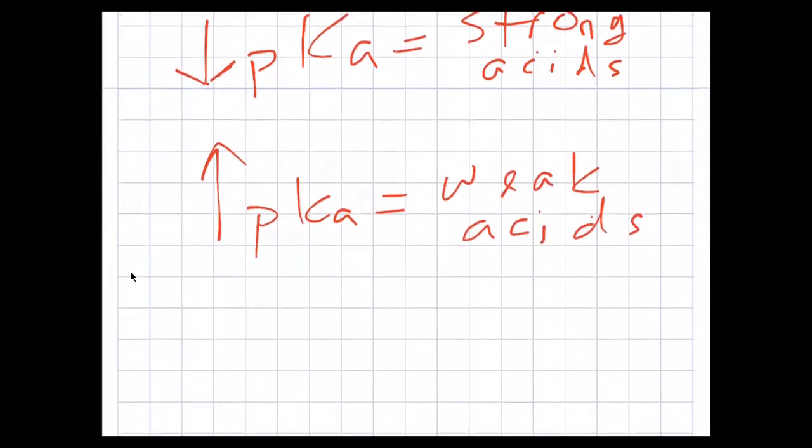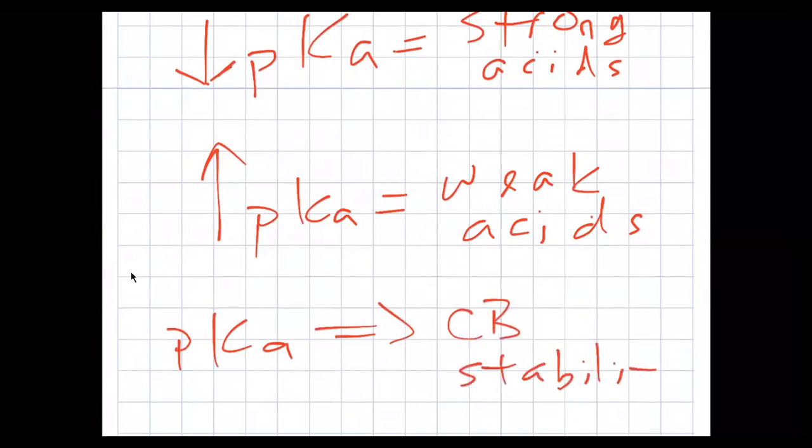As a rule of thumb, your pKa is based on the stability of the conjugate base. Whatever your conjugate base is, the more stable it is, the more readily the acid is going to give up H+. That's what everything is going to be based on, that idea, that axiom.